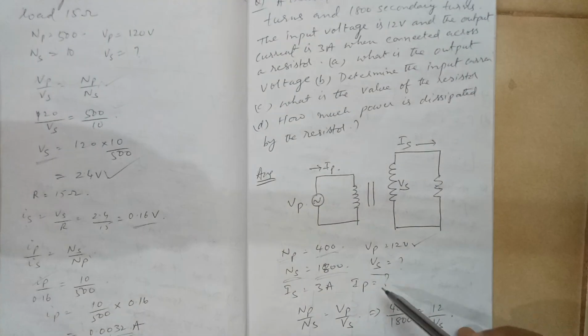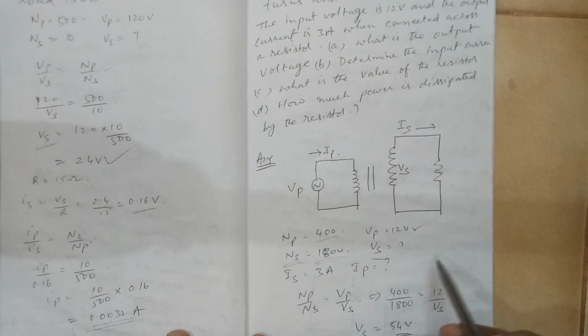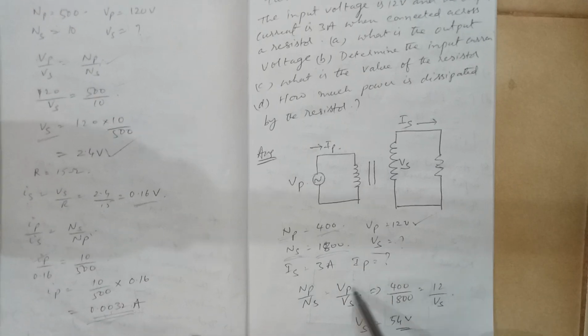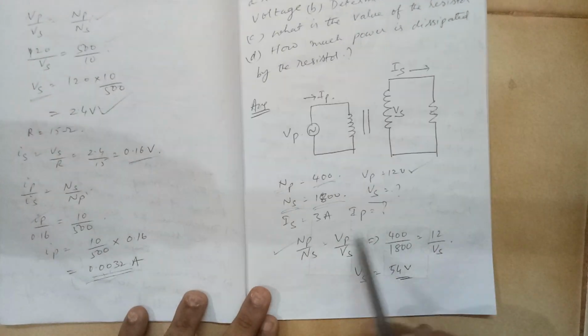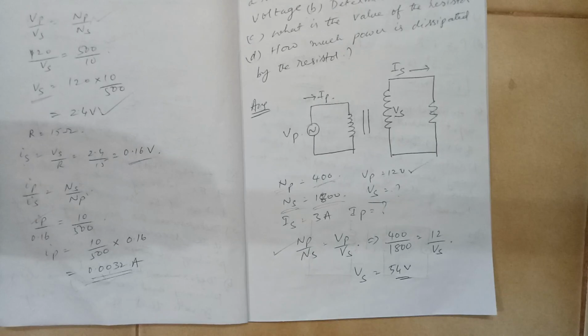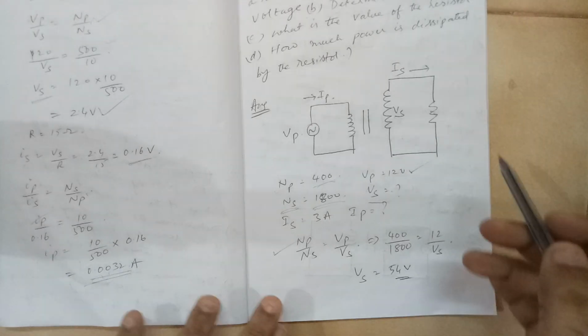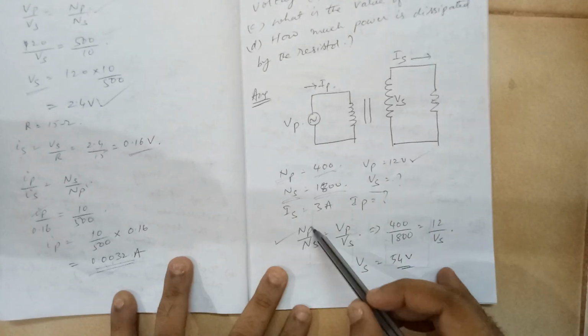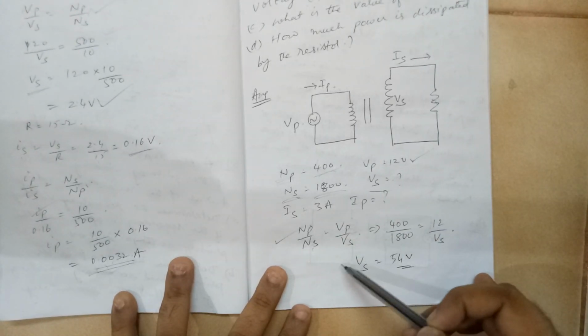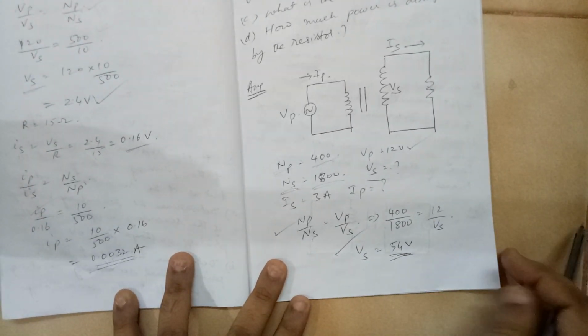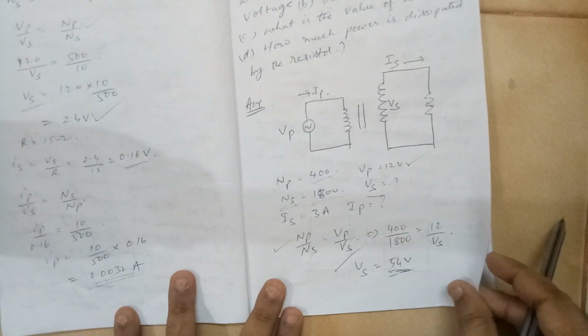How do you find it? You take this equation with Np, Ns, Vp, and we have to find Vs. You get 54 volts. Just plug in those values, you get the value of Vs.